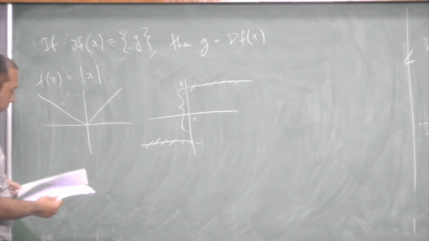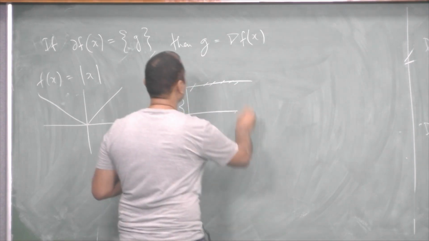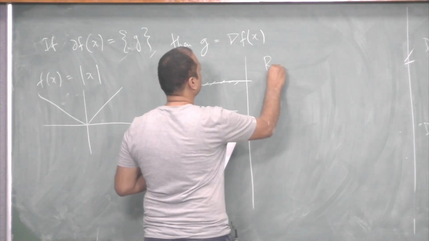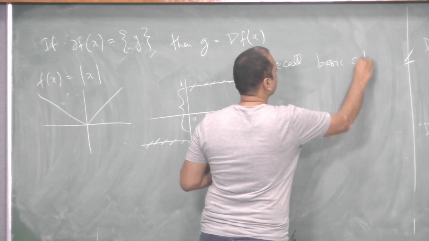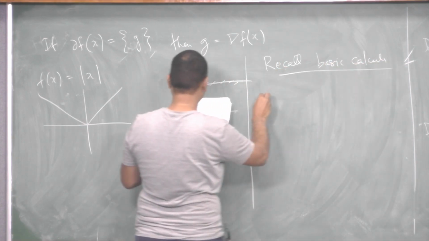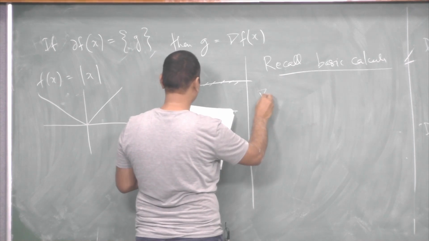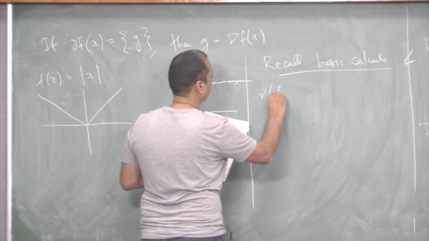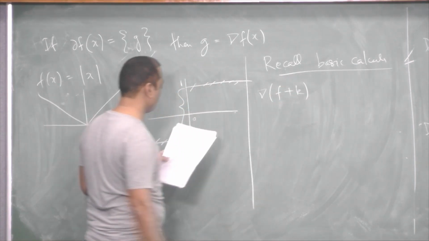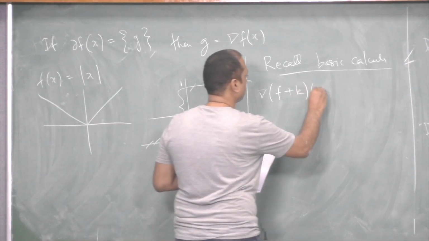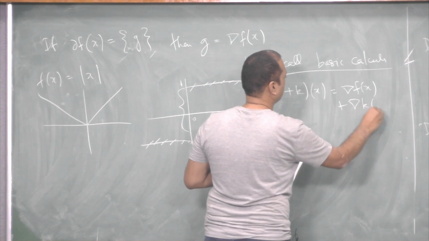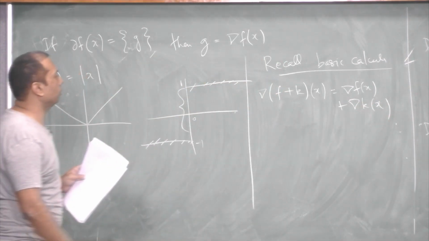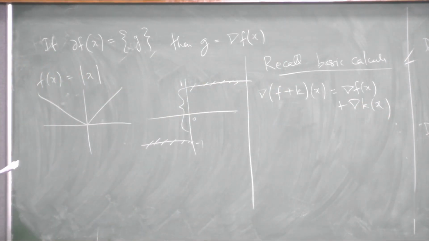So before that, let us recall a little bit about what we know from basic calculus. Addition was fine, right? The gradient of f plus k is grad f(x) plus grad k(x). The gradient of a sum of functions is the sum of the gradients, so the gradient is a linear operator.